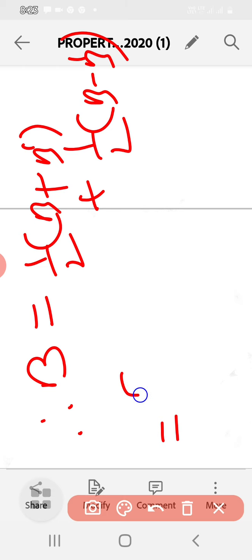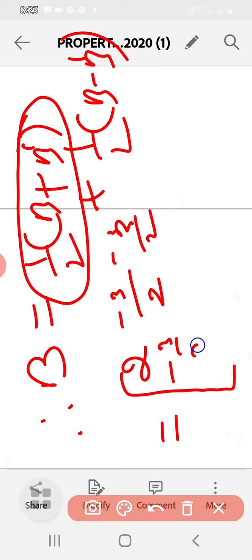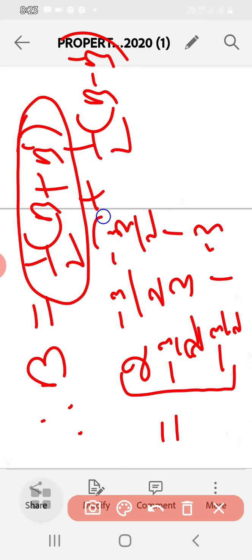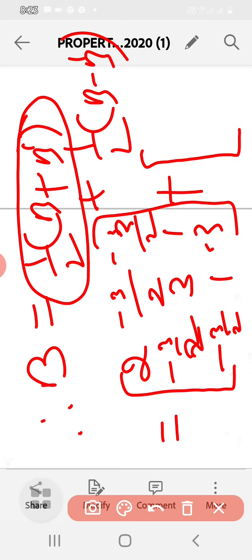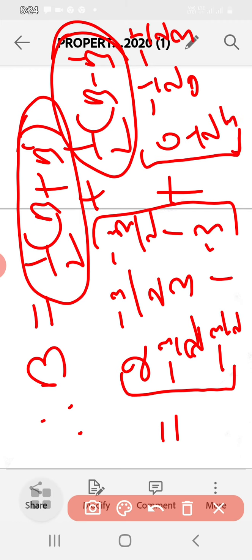So what is this calculation? Our half into B plus B dash is 2 minus 3 by 2 minus 3 by 2, minus 3 by 2 3 1, minus 3 by 2 1 minus 3, plus half into B minus B dash, which we just got as a skew symmetric matrix: 0 minus half minus 5 by 2, half 0 3, and the last row 5 by 2 minus 3 0.